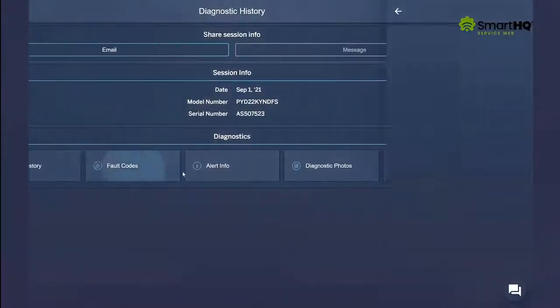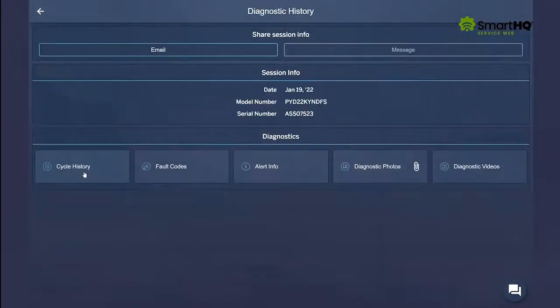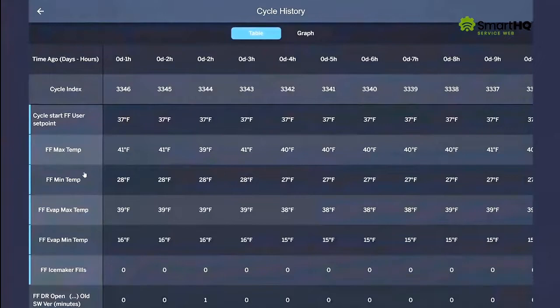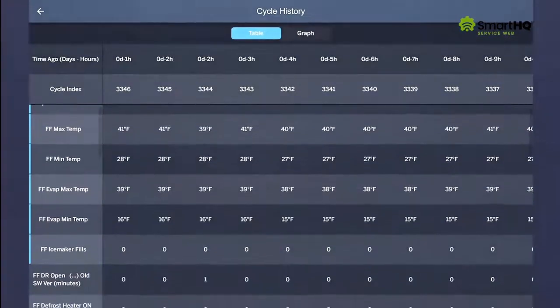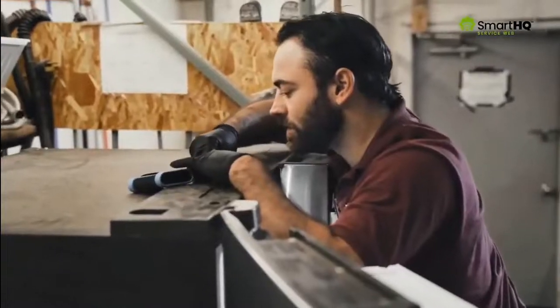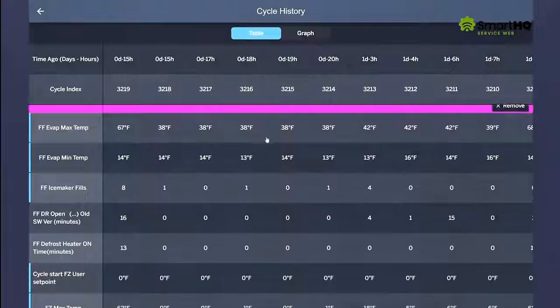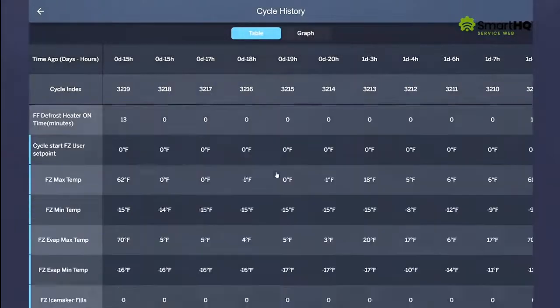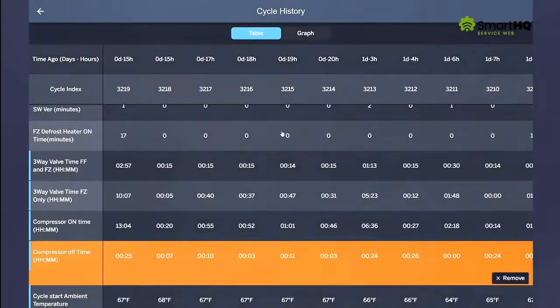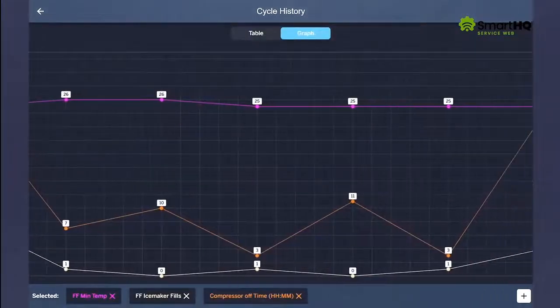You can instantly view any fault codes or alerts the product may be exhibiting. The Embedded Cycle History feature gives you a complete overview of how the product has been recently operating. For example, if your tech is working on a refrigerator, you can get a complete history of things like internal temperatures, ice maker fills, compressor runtimes, and more. SmartHQ Service Web even lets you graph the data for a simpler view.